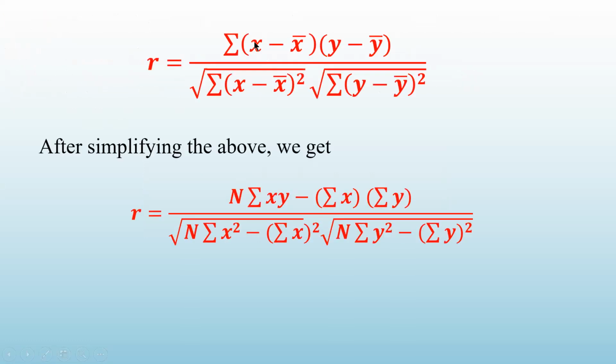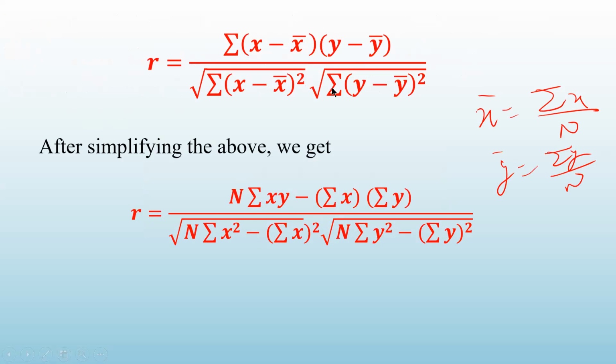Similarly, if in the formula you put the values of x bar and y bar, you know what is x bar? It is the mean of x values. Y bar is the mean of y values. So x bar is summation of x divided by total values, and y bar is summation of y divided by total values.